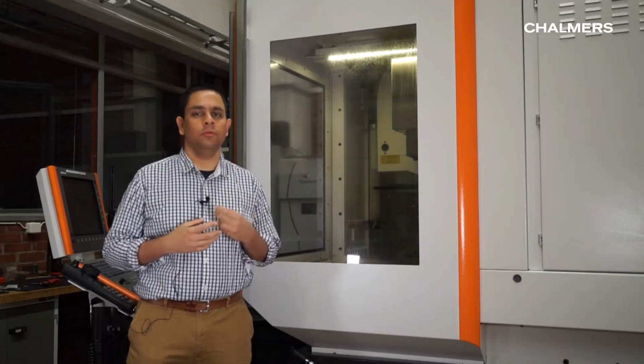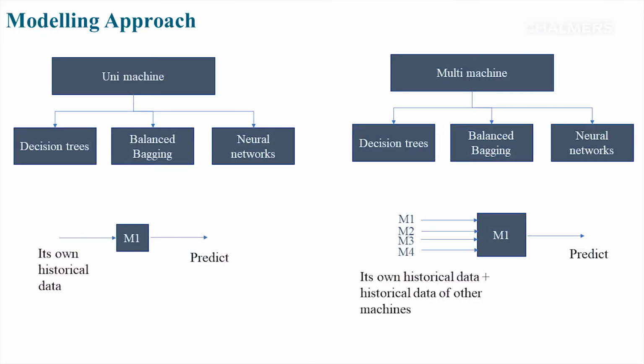In order to predict the opportunity windows, we designed two different modeling approaches. The first one is called the uni-machine model. The second one is called the multi-machine model. In the uni-machine model, we predict the opportunity windows of a machine based on its own historical data. Whereas in the multi-machine model, we predict the opportunity windows of a machine based on its own historical data plus the historical data from other machines.